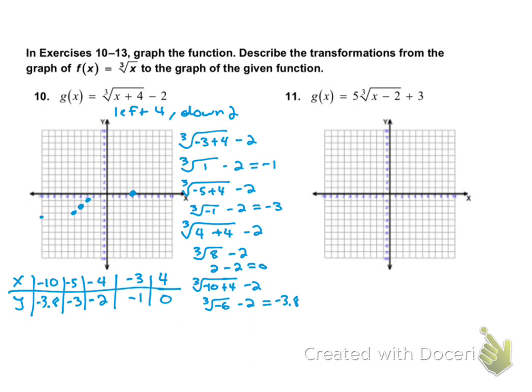Right, -12 would have given you -4, which you could have always done as well. Okay. But now I have my cube root function.